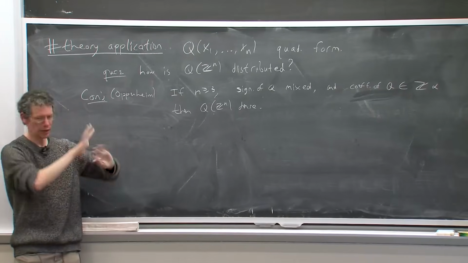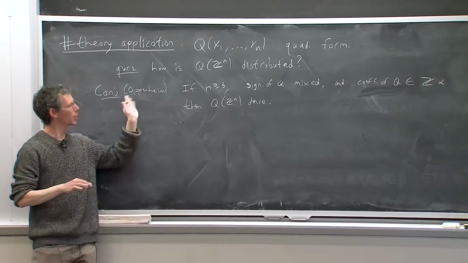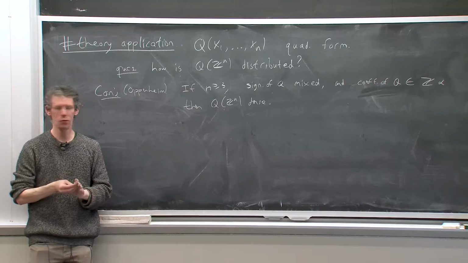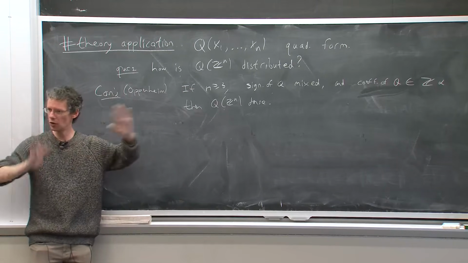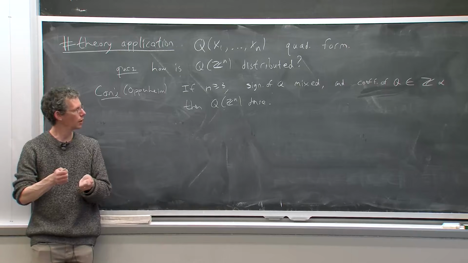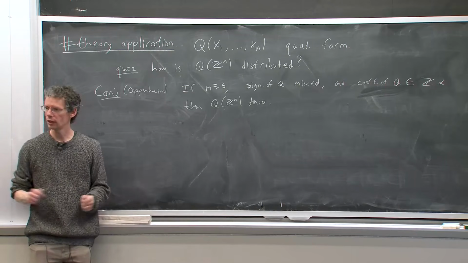And also, in fact, not just dense, but later people thought, if you take a big ball in Z^n and you apply Q to it, you should get a set of points that are quite evenly distributed along an interval in the real line.